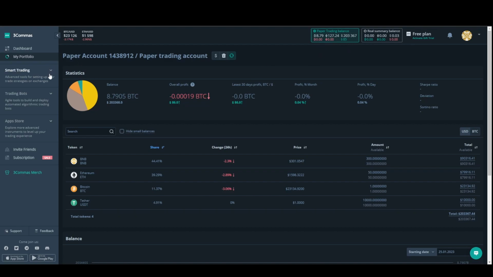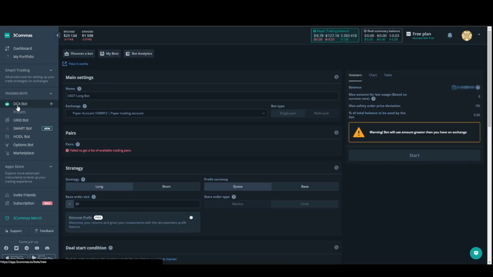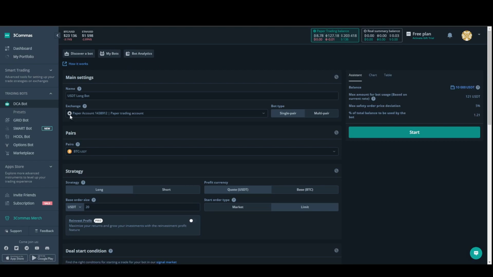So now we can go to trading bots. We can go to DCA bot, I think was the one. If you want to make it easier for yourself and you don't want to interlink TradingView to 3Commas and Binance with the method that I've done, you can just use 3Commas's trading bots. I think they have dozens of them.